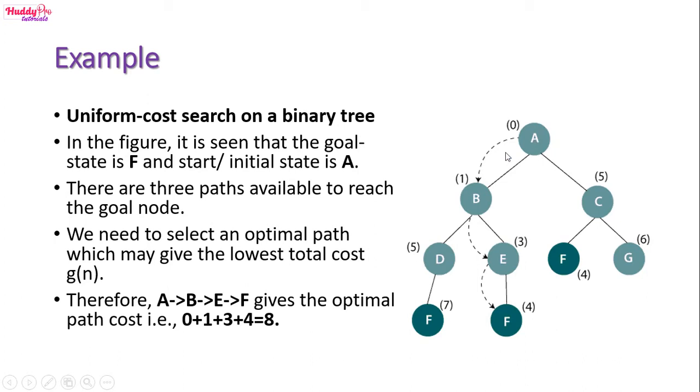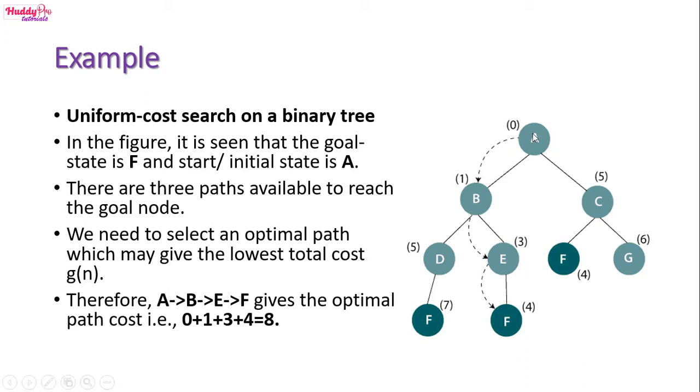Now there are three paths available to reach the goal node. But we need to select the optimal path which may give the lowest total cost. That's the g of n in functions. So this one will now use the cost of each action that is taken to reach the goal, but it will take the optimal one, the lowest total cost.